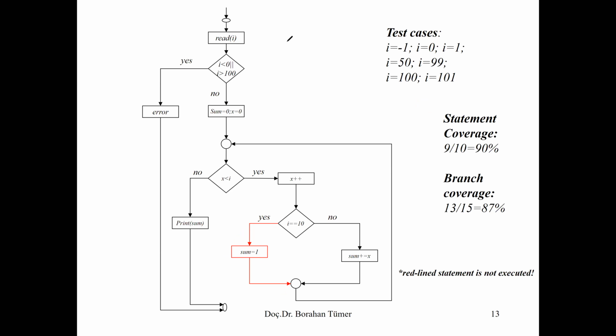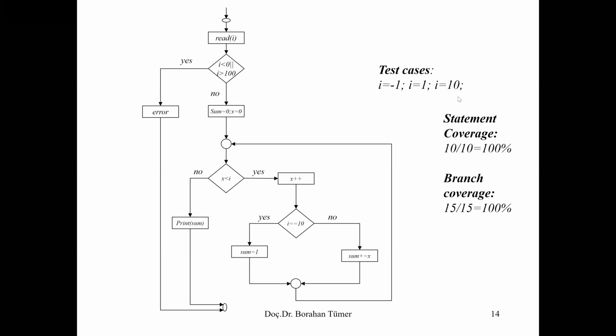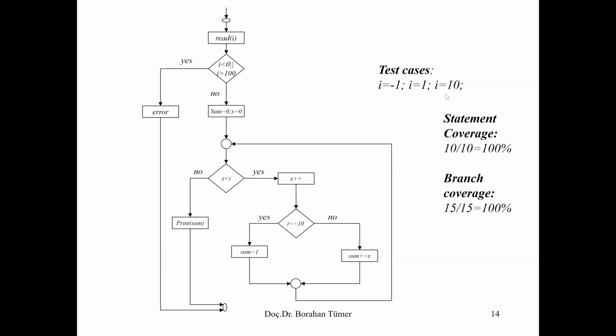All right, now let's go back. Well, with these test cases, I equal -1, I equal 1, and I equal 10, these are enough to stimulate execution paths for all nodes and all edges, including this execution path here.